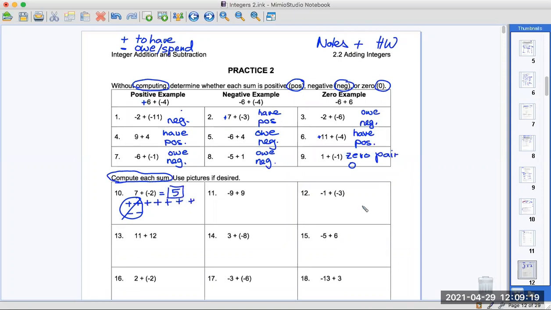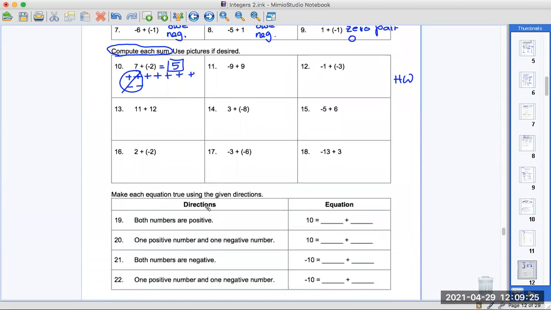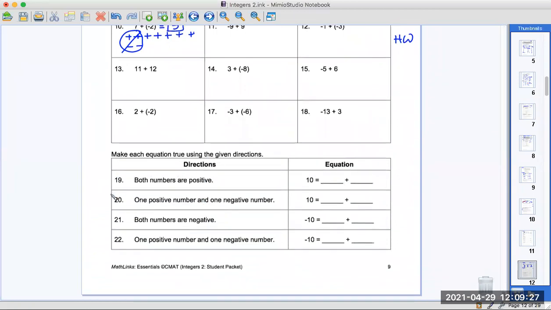So there's the first example. Finish these for homework, please. All of these in here. And also this. This is also homework. Okay. So you have to come up with an equation that adds up to 10 where both numbers are positive. So any two numbers that add to 10, you put in here. And then one has to be positive, one has to be negative, but their sum is still 10.